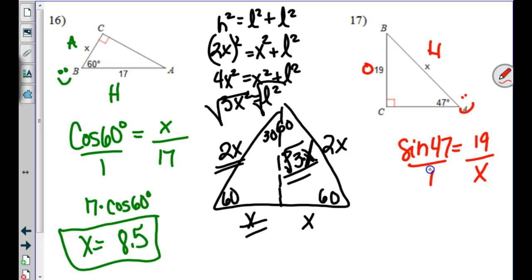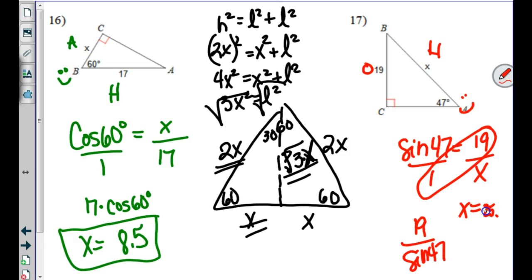Is it 19 times the sine of 47 or divided by? Okay, because the x is in the denominator, you get 19, and then you have to divide by the sine of 47. Somebody get an answer? So 26.0 if we round to, okay.